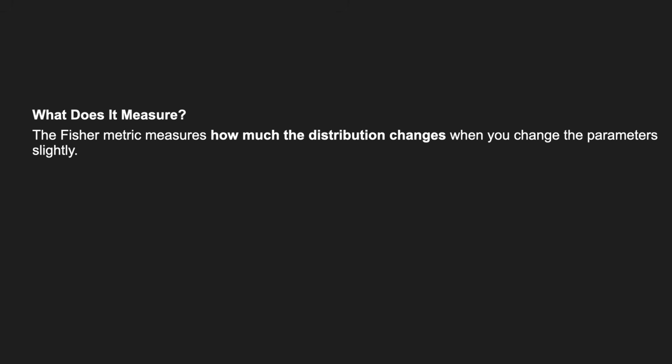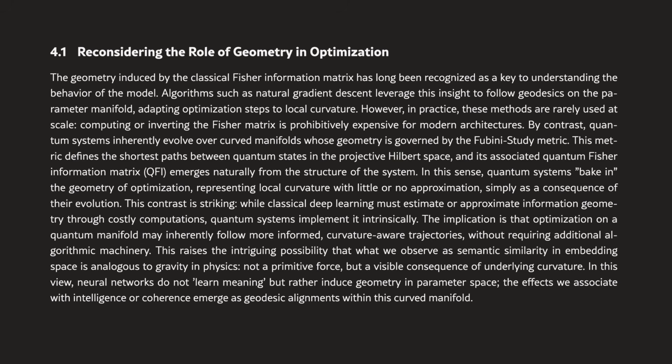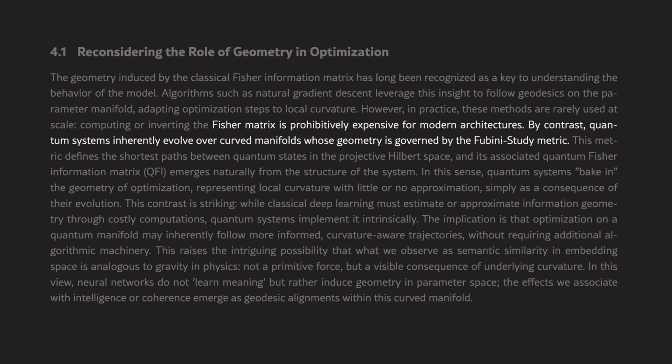As you can see, it gives us much richer information. In this paper, the Fisher metric is prohibitively expensive for modern architectures, so that's a challenge. By contrast, quantum systems inherently evolve on curved manifolds whose geometry is captured by another metric called the Fubini-Study metric, which is much easier to calculate.